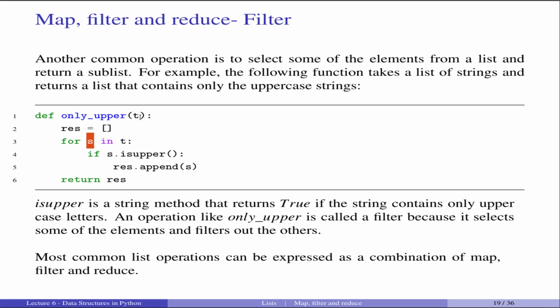Then we are traversing the string t, for each s in t, and we are checking if s.isupper() is true. So if s.isupper() is true, that means the character in s is an uppercase letter, right? isupper is a built-in function which returns true if the character it's seeing is a capital letter. Okay. Then if it's a capital letter, we will append the value to res.